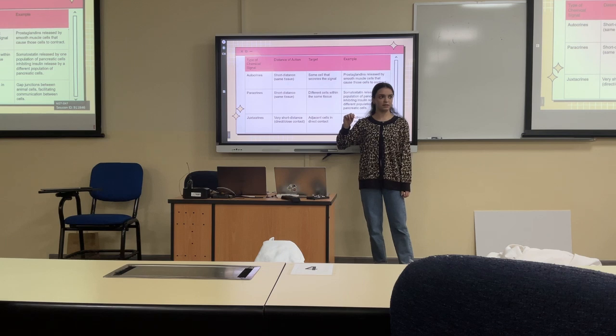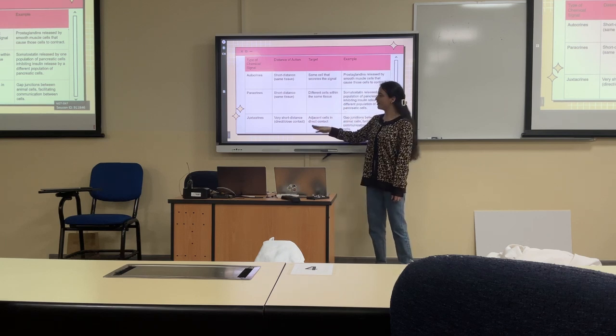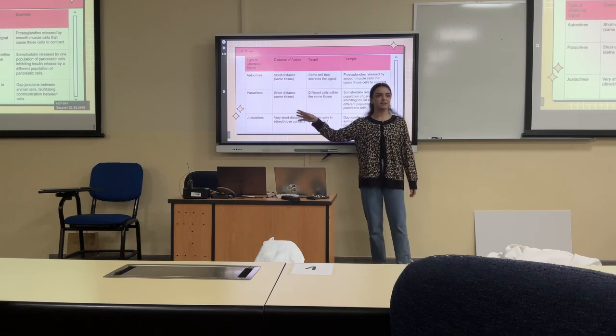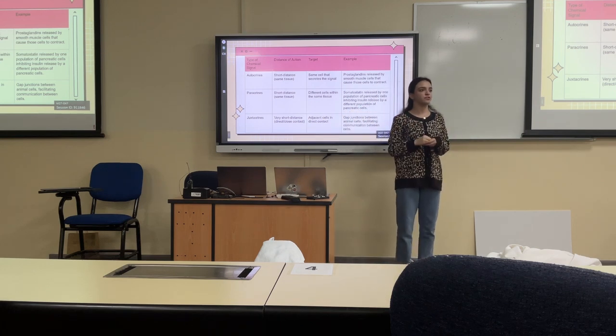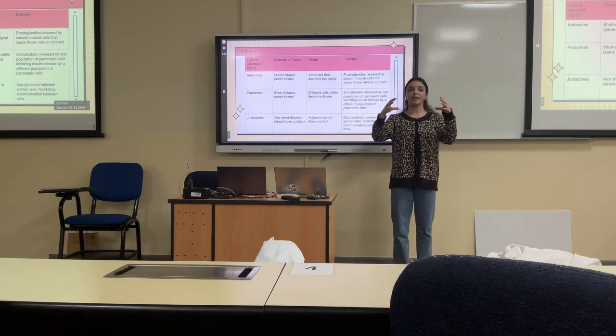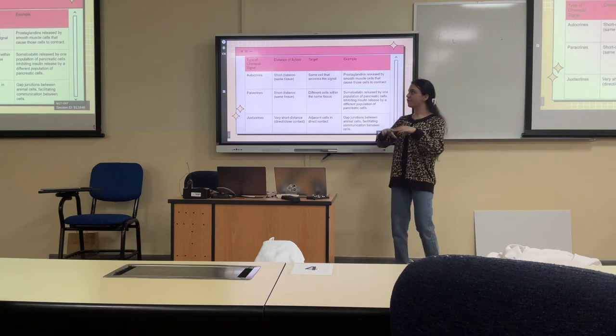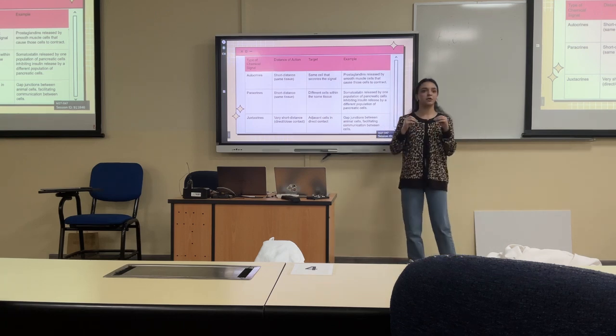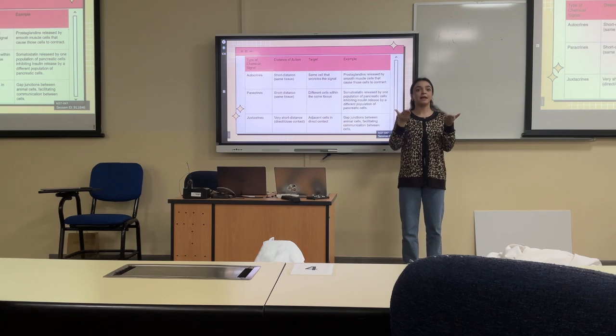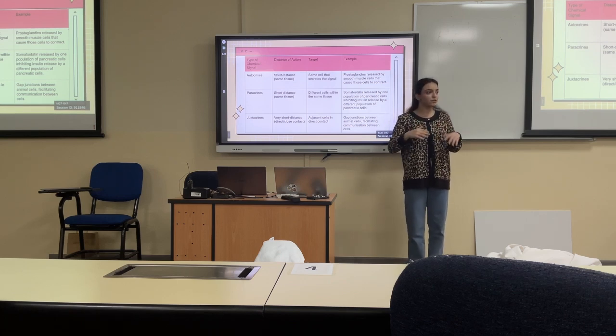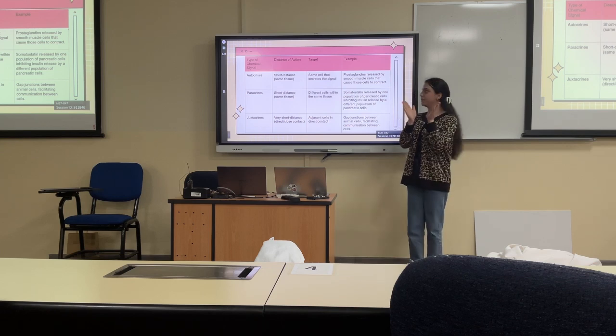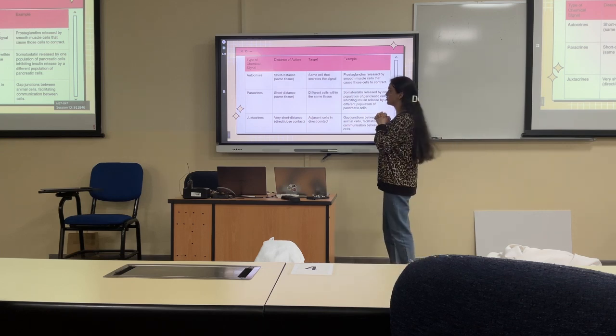Autocrines are chemical messengers that are released by a cell and act on the cell itself. For example, prostaglandins are released by smooth muscle tissues, and they act on the smooth muscle itself to contract even more. So it's an autocrine, a short distance acting chemical messenger.